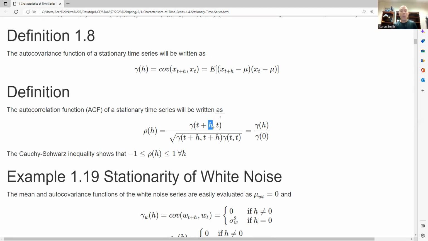And all right, so here, this simplifies down in the notation to gamma of little h. Now here, these are the same points in time. This has a difference of 0. And so this is gamma of 0. This has a difference of 0 also. So it's gamma of 0. I got two of them, squaring and then square roots. So boom, we have a slightly simpler formula for us. And once again, this is a type of correlation. Therefore, the Cauchy-Schwarz shows us that the autocorrelation will be between -1 and 1.